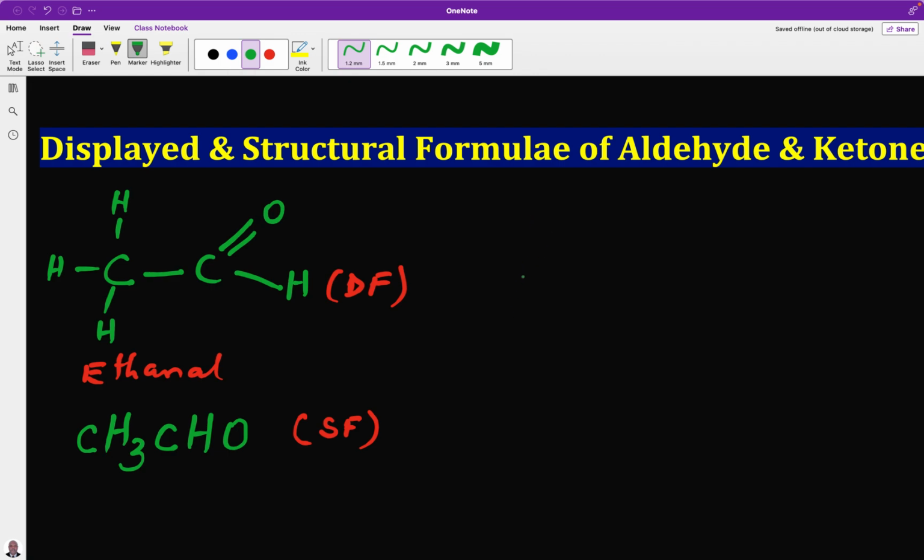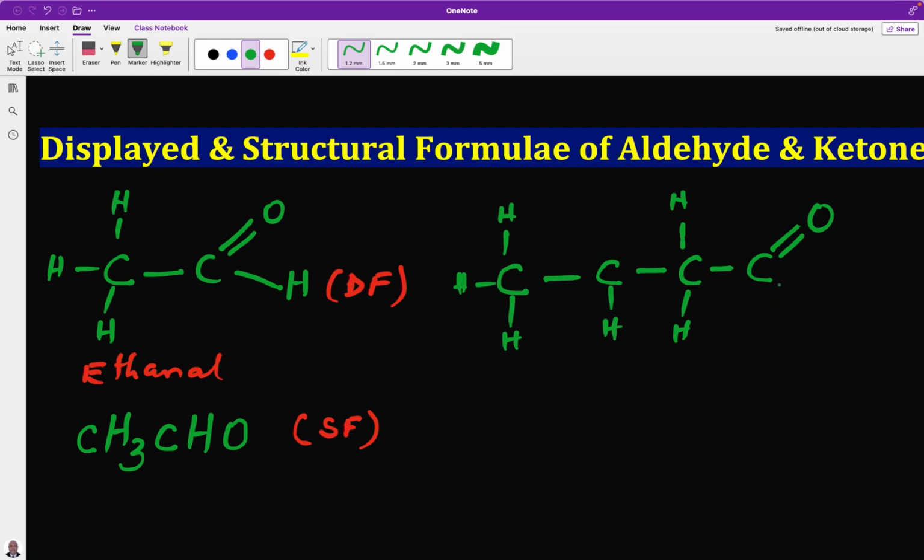The displayed formula of butanol, we have 4 carbons, 1, 2, 3, 4.